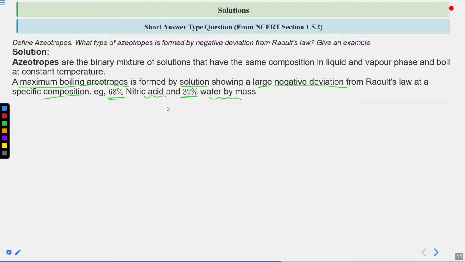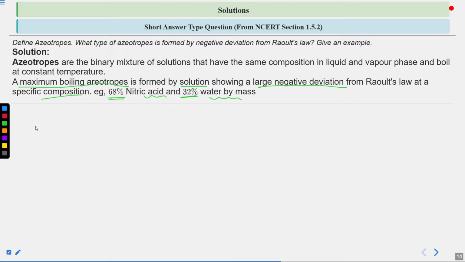An example is 68% nitric acid and 32% water by mass. So this will be the explanation, or you can add more points as per your choice. Like this you can answer the question.